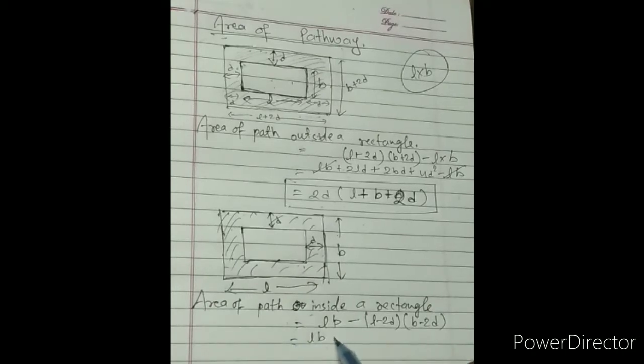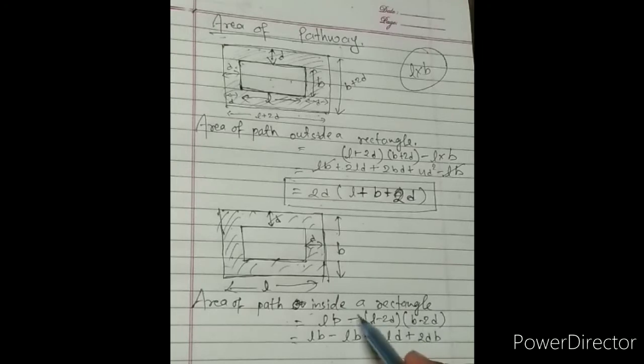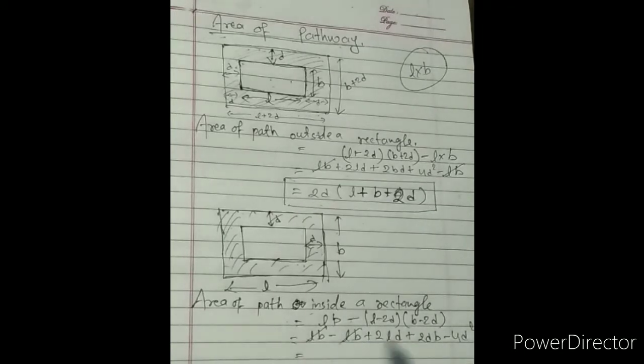Now let's multiply this: L into B, LB, minus 2LD, minus 2BD, and plus 4d square. LB and LB cancel. Now taking 2d common, L plus B minus 2d.